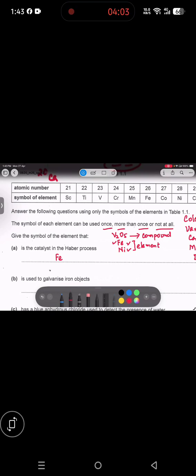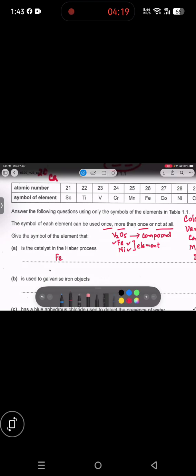Nickel is used in the hydrogenation of organic compounds, converting alkenes to alkanes. The third one, vanadium pentaoxide, is used in the contact process.